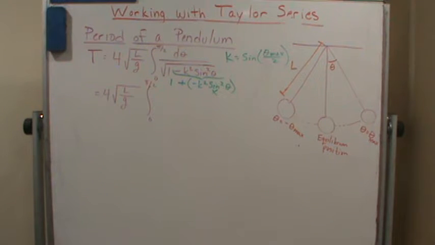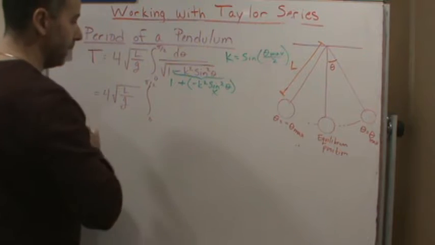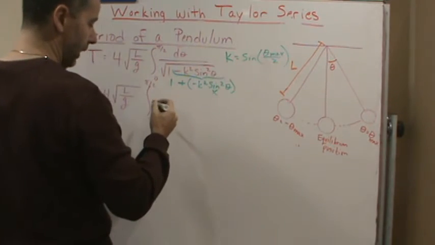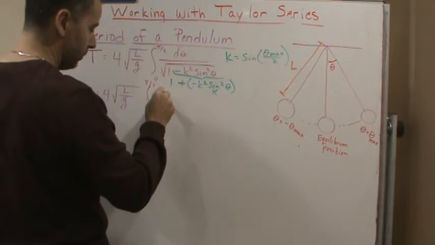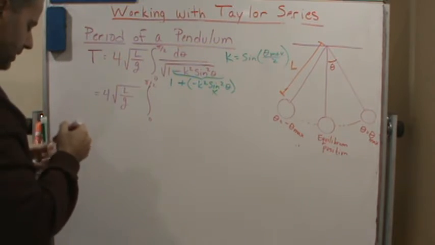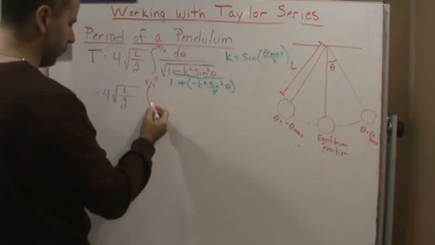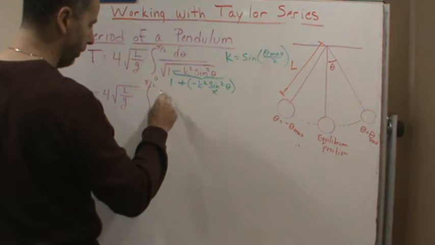Okay, now, putting this in for the binomial series, right? So now we're going to replace that, and what do we get? We get the following. We get the integral from 0 to pi over 2 of what?